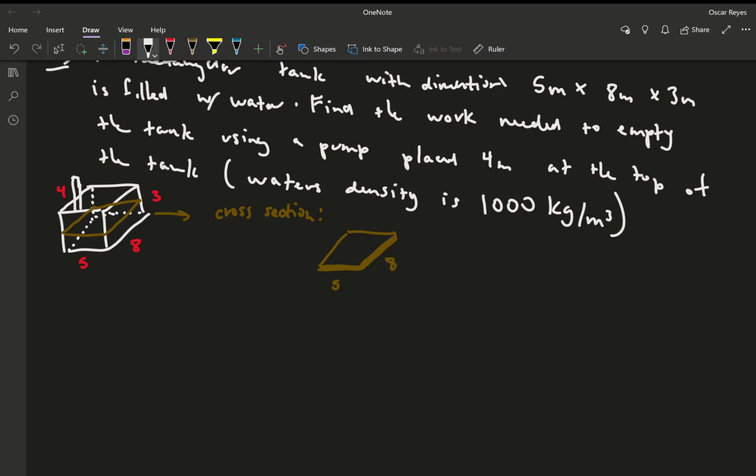Now, what we're going to do is we're given the density. So we'll use the mass is equal to the volume times the density. Now we know that the mass is equal to volume, which is the volume of the slice.